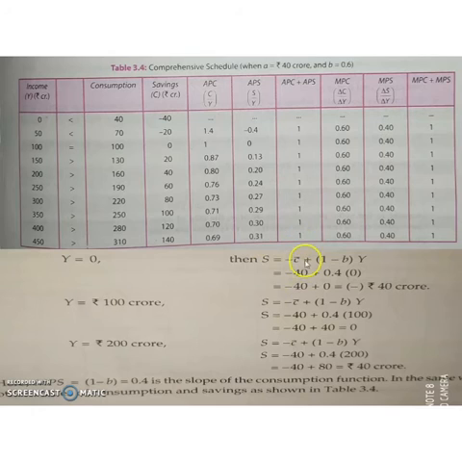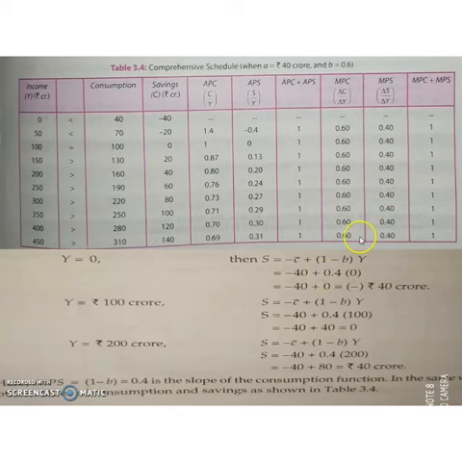Use the equation S is equal to minus C dash plus (1 minus b) Y. So C dash is equal to 40, so minus C dash is equal to minus 40 plus marginal propensity to save.